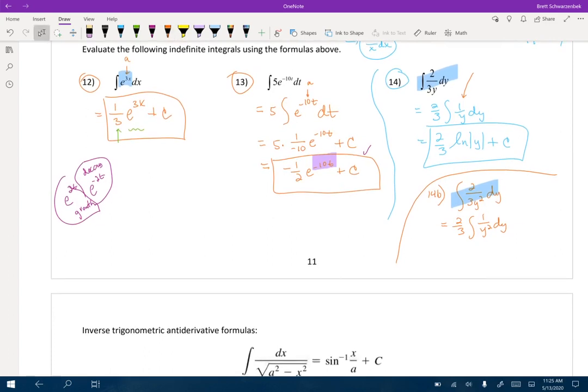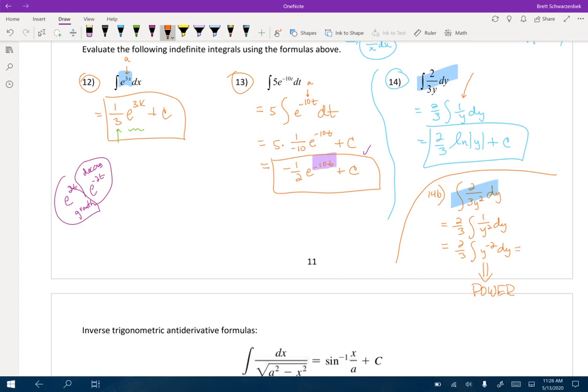1 over y creates the natural log. 1 over y squared changes to this, and then you take the antiderivative using the power rule. This is a power scenario. So just for argument's sake, what would that look like?